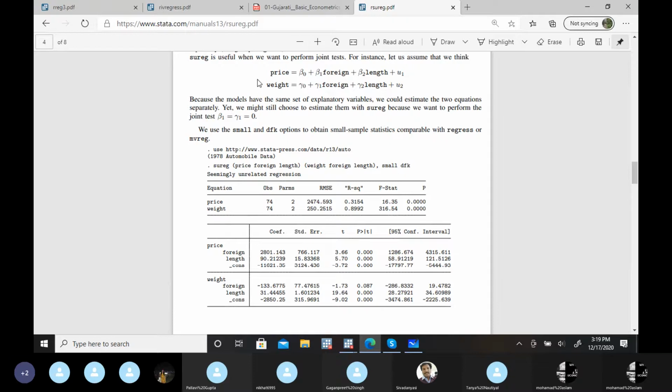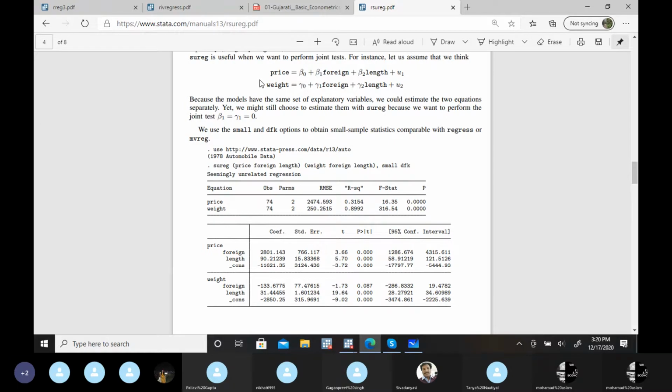Although it's again a simultaneous equation method, there is no problem of endogeneity here. It's not that you have to check the rank and order conditions and then find whether the equation is just identified or over identified, and accordingly apply a method like ILS or 2SLS.